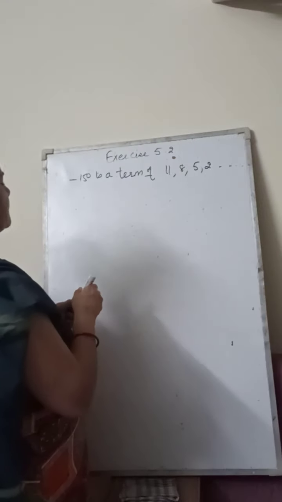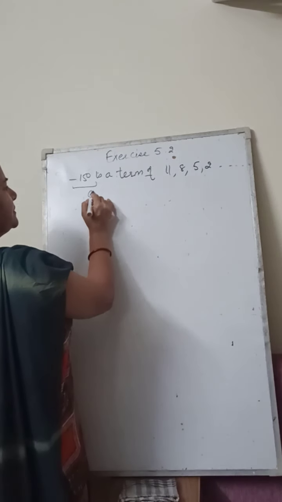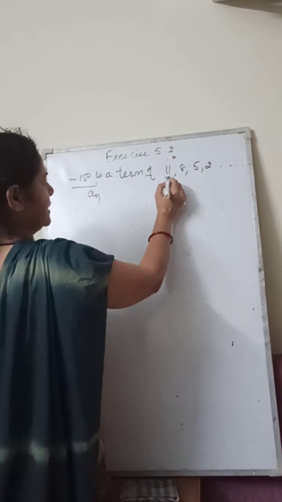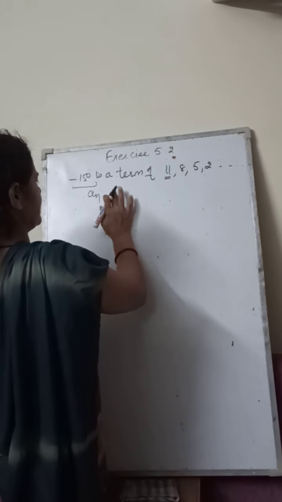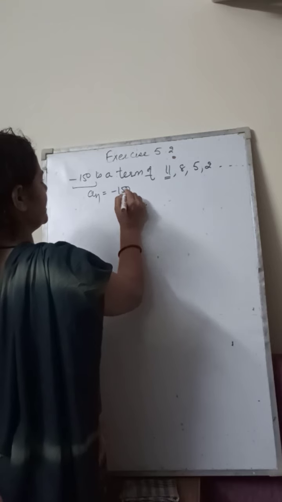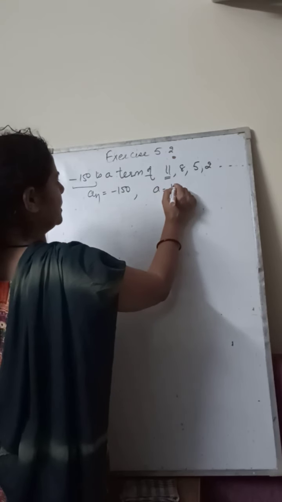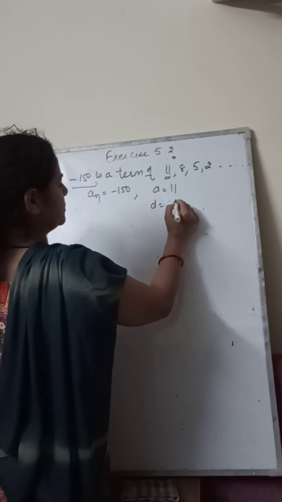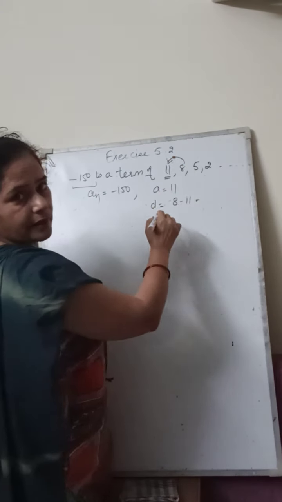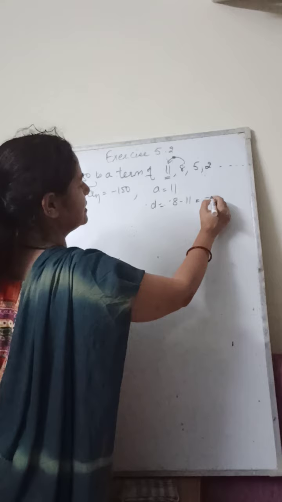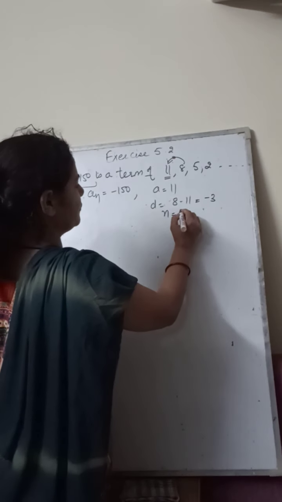So minus 150 you will take as again an, and a is again 11. I am writing here: an is equal to minus 150, a is equal to 11, d is equal to 8 minus 11, a2 minus a1, right? It is minus 3, and you have to find n.